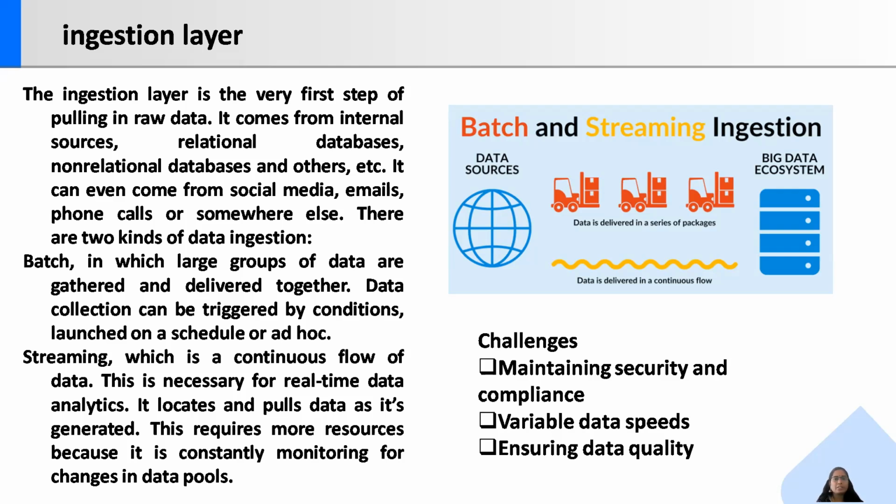And while you are watching YouTube, we are getting a continuous flow of data. That is streaming data. Similarly, another data process is batch. It is collecting a large group of data that is generated and delivered together, and mainly can be triggered by conditions and launched on schedules or in an ad hoc manner.